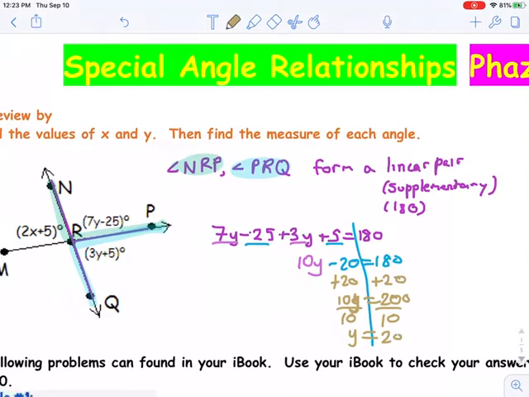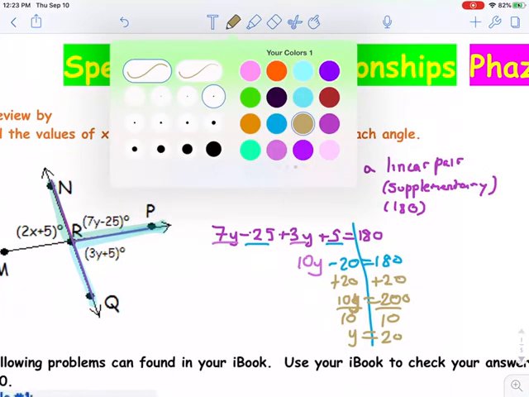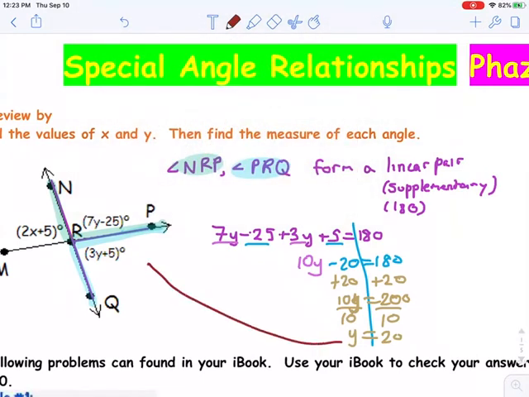Let's plug it in, because it told me to find every angle. That's going to be 3 times 20 plus 5, which is 65. And then I'm going to get 7 times 20 minus 25, which equals 115 degrees. Plugging in is like checking my work.